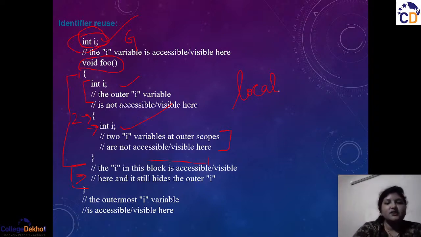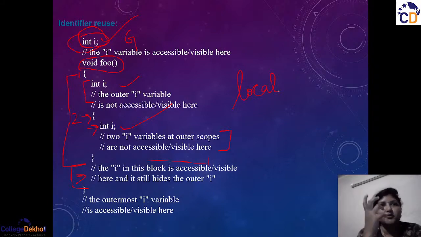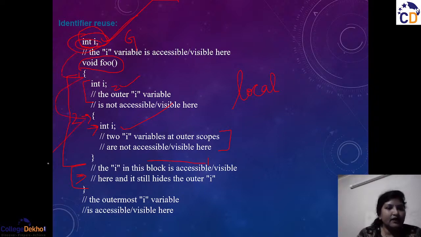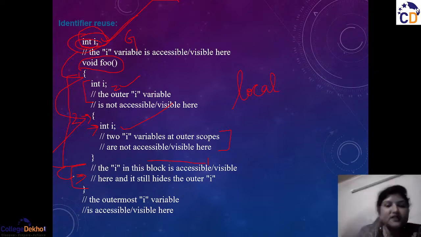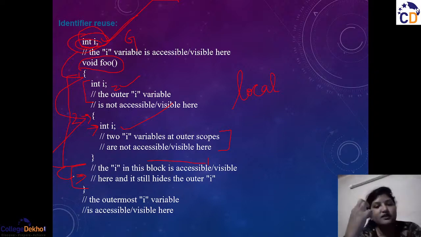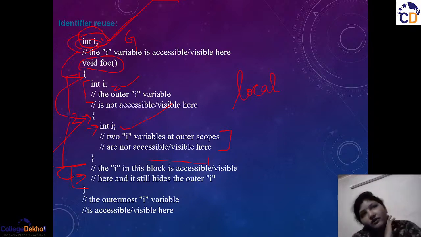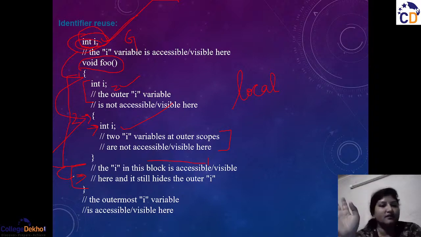So this is how we have different scopes, or visibility. The i equal to 10 is not visible to the outside part, whereas the outermost i can be visible and accessible in any part of the program.